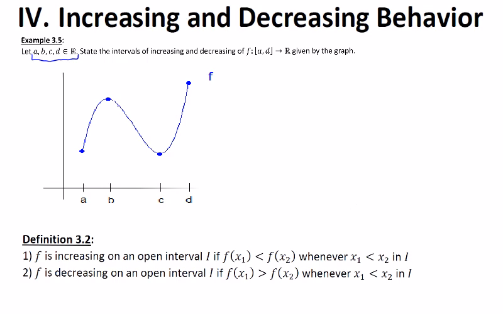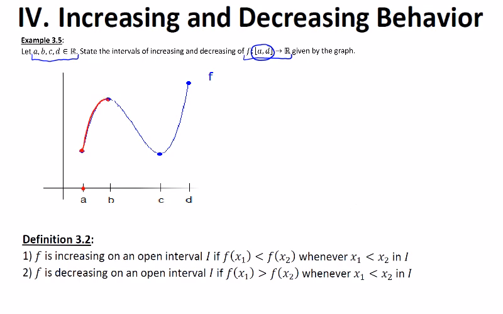And then it says to state the intervals of increasing and decreasing of f, where f is defined as having a domain from A to D, which is very reasonable. If I start at this point and I trace it down to the x-axis, there's A, and then I follow it on around.